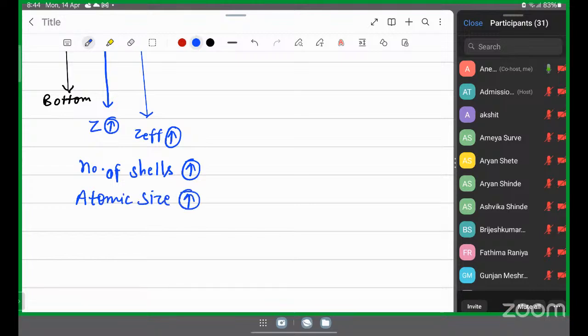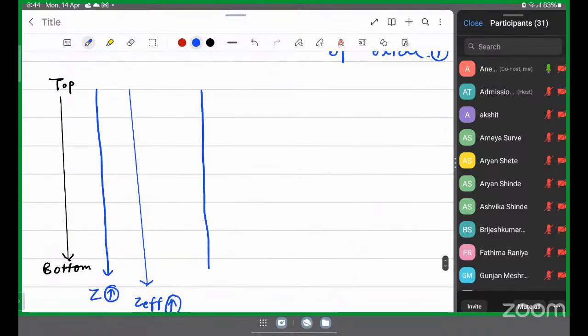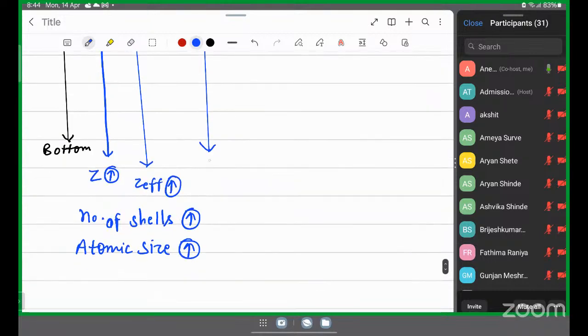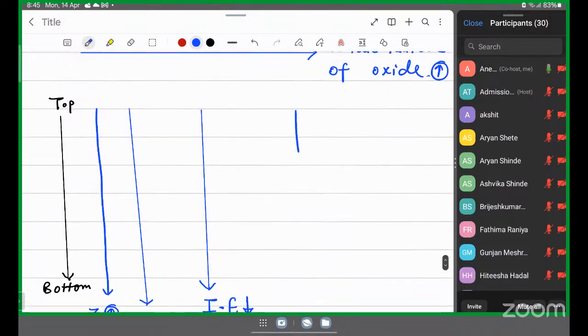Because atomic size is increasing, it will be easy for us to remove the electron, which means ionization enthalpy will decrease. Electron gain enthalpy will also decrease. Electronegativity will also decrease. Metallic nature will increase in this case.